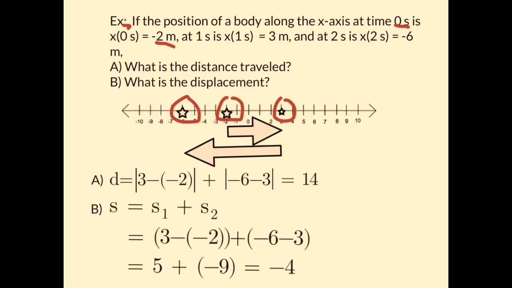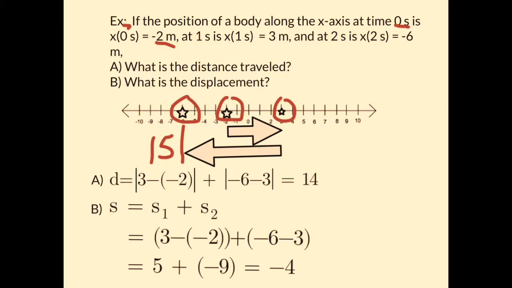A. The distance is the total path length, the magnitude of the changes in position. For the first leg, where we went from minus 2 meters to plus 3 meters, the change in position is 3 meters minus a minus 2 meters, or 5 meters. The magnitude of 5 meters is just 5.